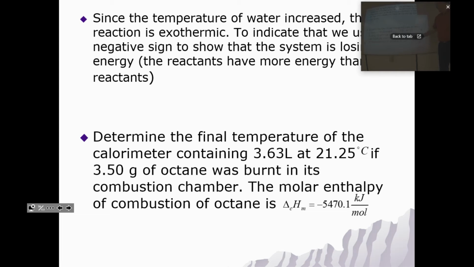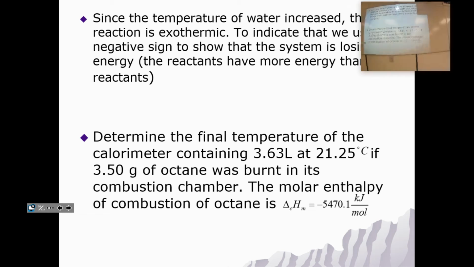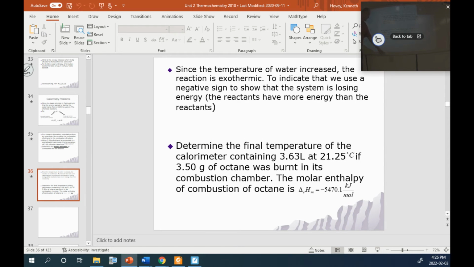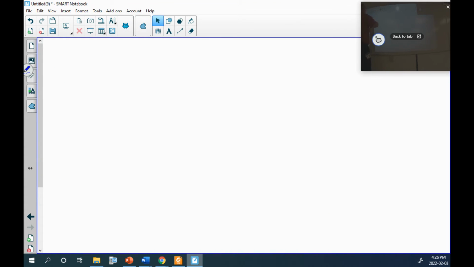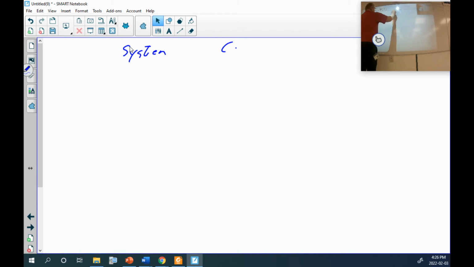So per mole of octane, 5,400 kilojoules of energy gets released. So again, same thing that I'm going to do. I've got the system and I've got the calorimeter. So delta T is what we're looking for.